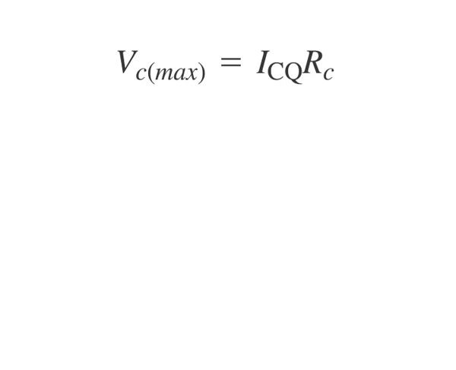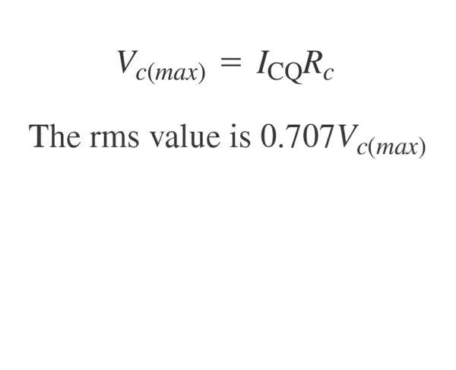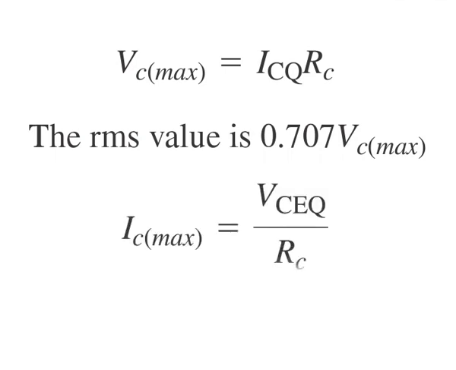For a CE amplifier with a center Q point, the maximum peak voltage swing is Vc maximum is equal to ICQ times RC. The RMS value is 0.707 Vc maximum. The maximum peak current swing is given by IC maximum is equal to VCEQ over RC.